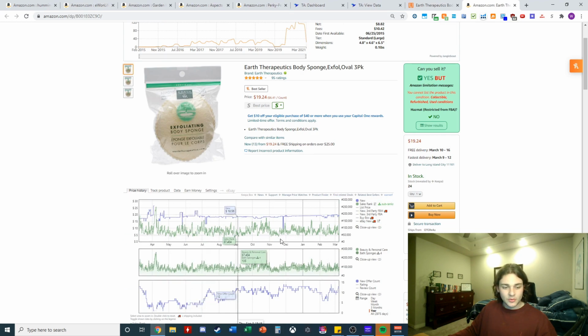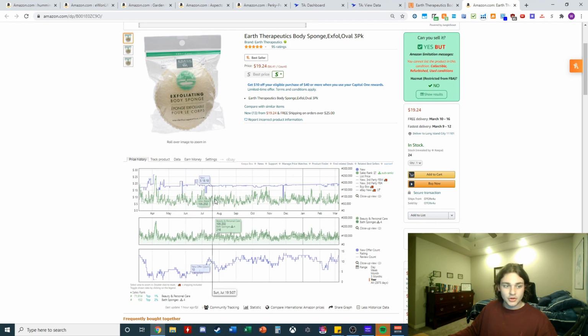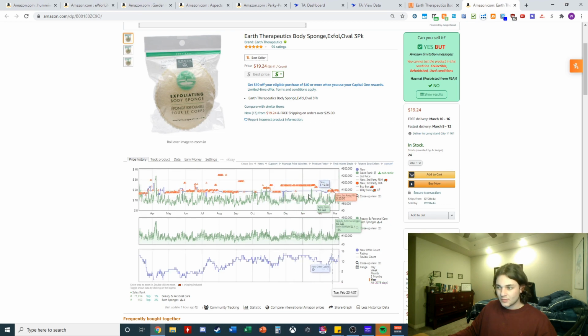But at the end of the day, we're just looking at this example for the Keepa graph here. This consistent new price being right here is something I like to look for, and I also will use this new FBA box right here. It looks like each one of these little triangles is what it was selling for new FBA.